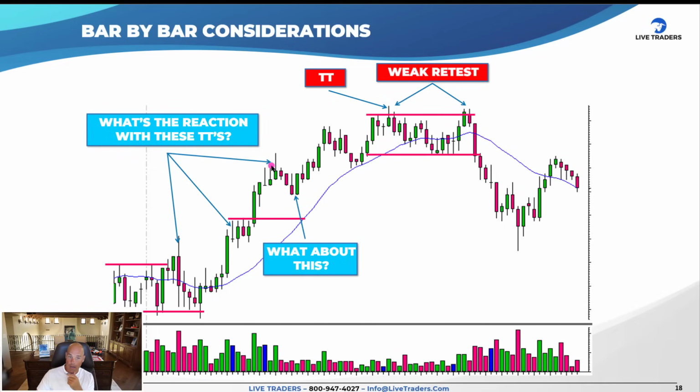While it is putting in a higher high, it is a topping tail. You're going to get a pullback. Is this pullback bearish? That's the question. Is the pullback bearish? Yes or no?